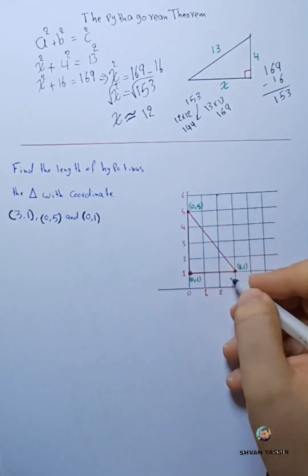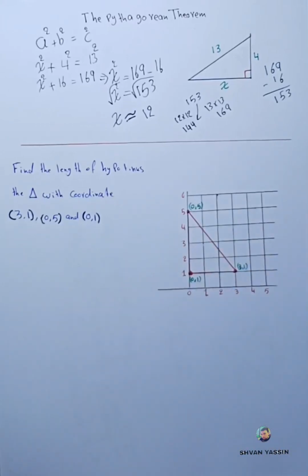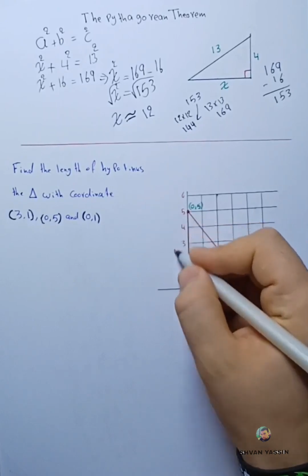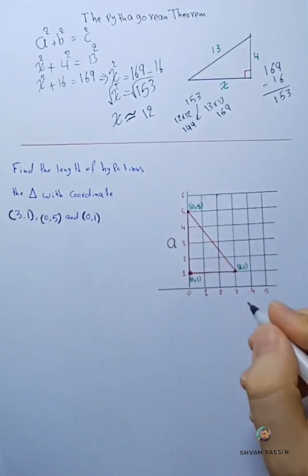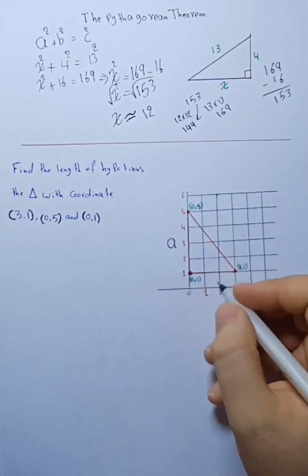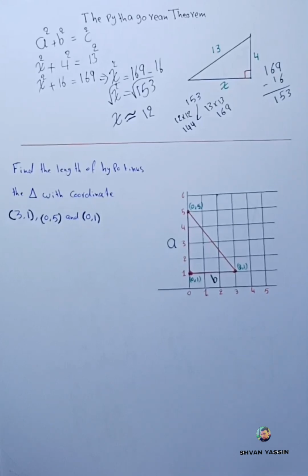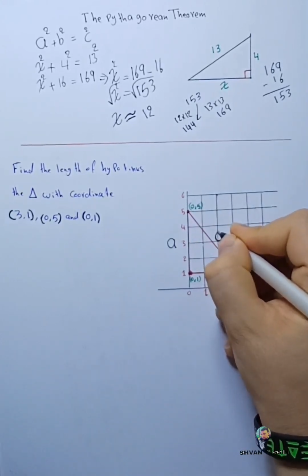So we have this triangle, and these are the ordered pairs for the vertices. We can call this side A, this short side B, and this side, the hypotenuse, C.